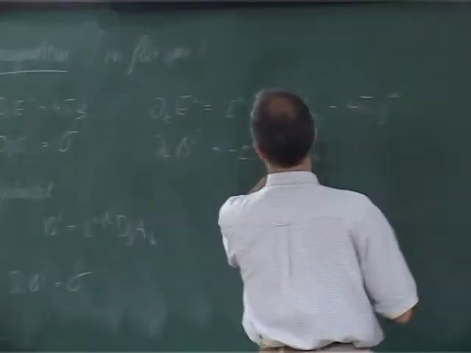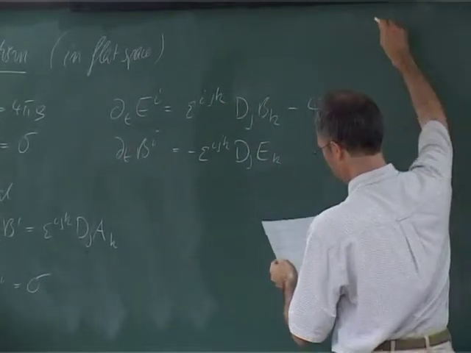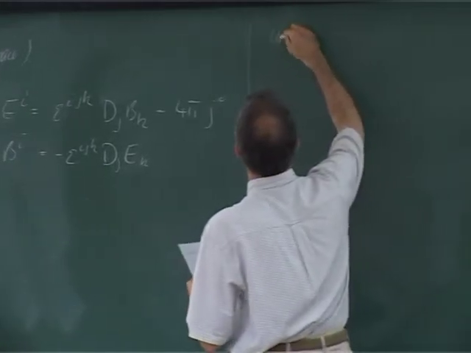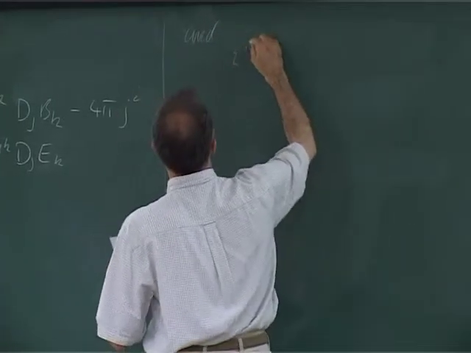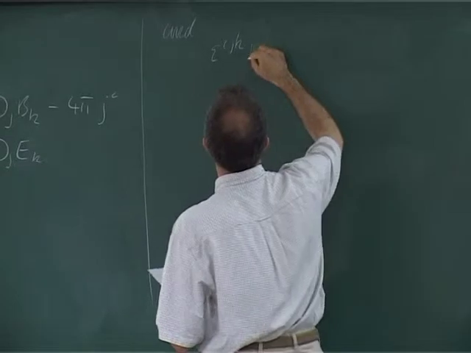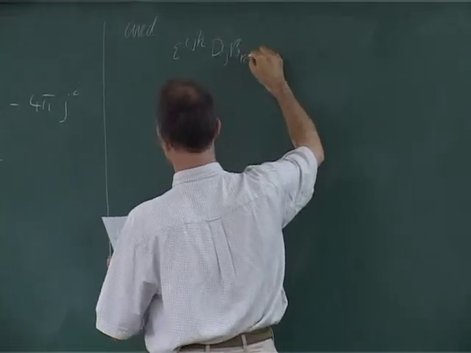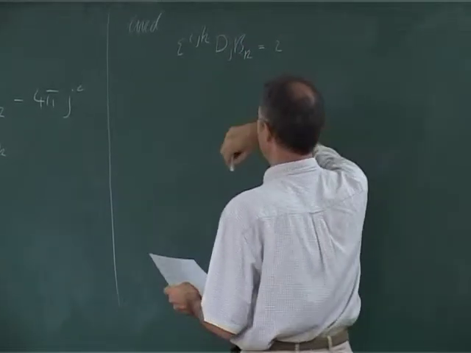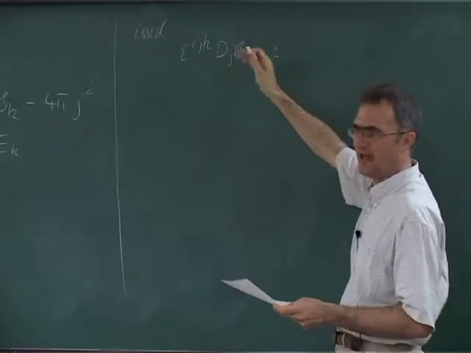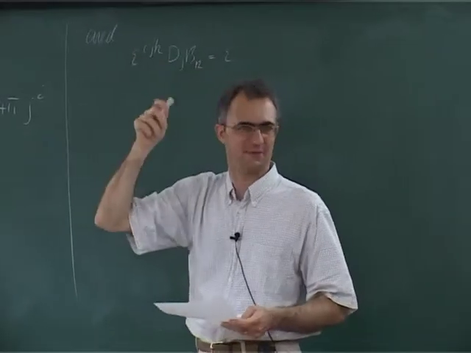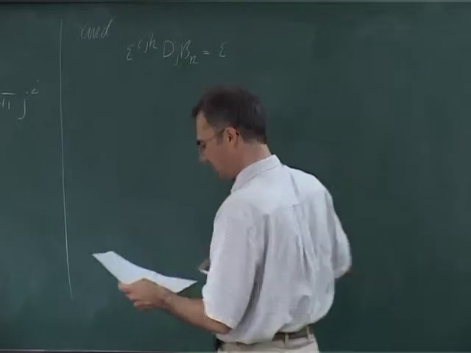Now we have to deal with these two terms. Let's actually look at them. What is the curl of epsilon_ijk d_j B_k? That's now the curl of A, and let's do some index gymnastics to see how this works out.